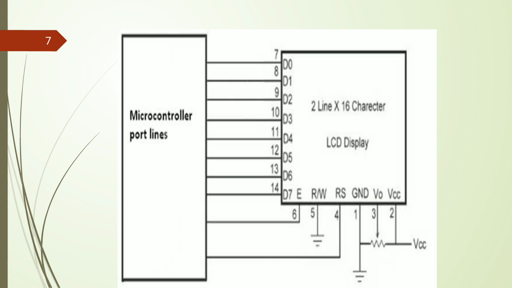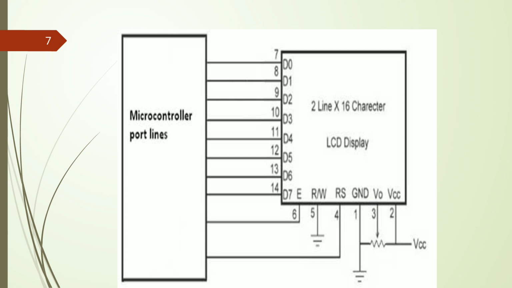Next is RW. Here RW stands for read or write. If we want to write the content or message on the LCD, in that case the RW pin remains low, or it should be equal to 0, that is, connected to the ground. And if we want to get the content or status from the LCD to the microcontroller, in that case the RW pin is equal to 1, that is, connected to VCC.